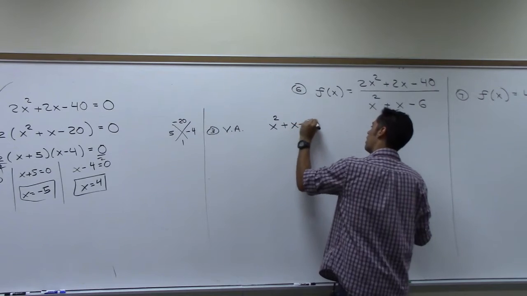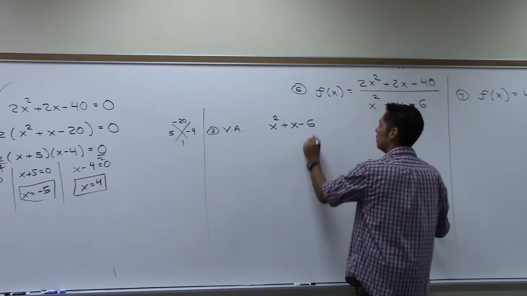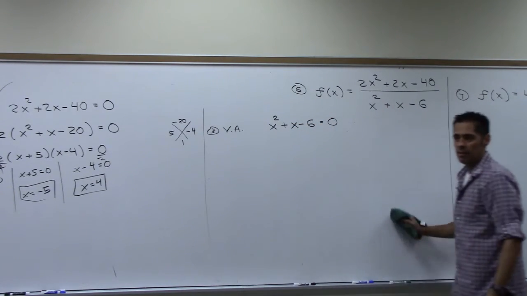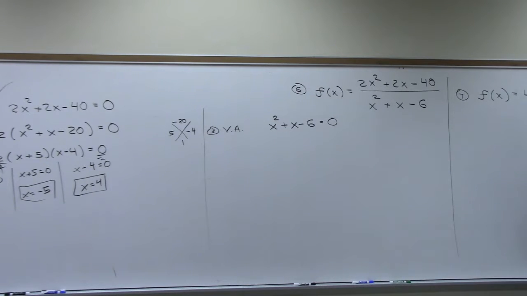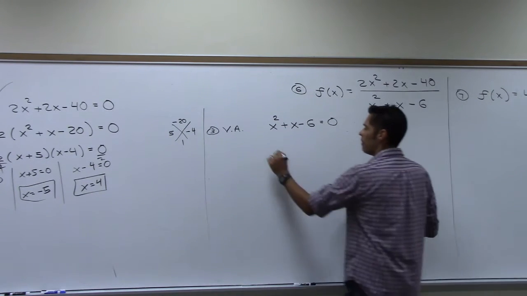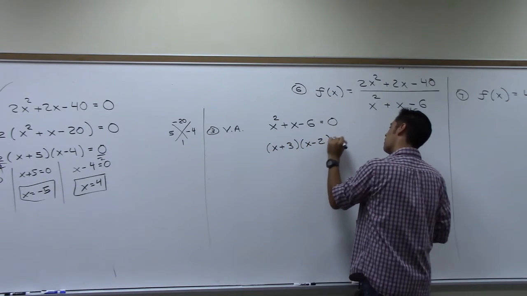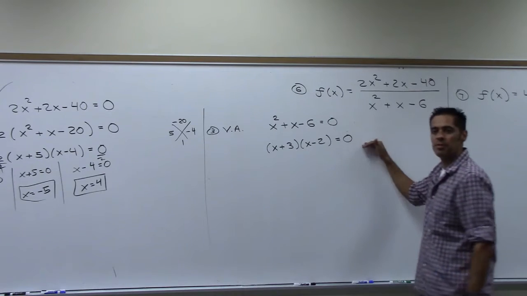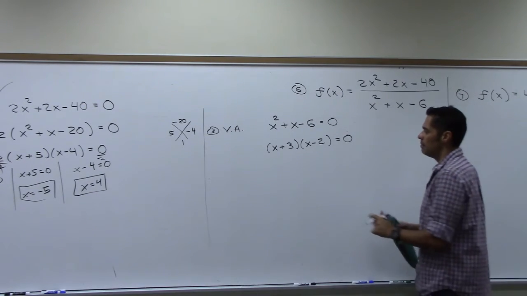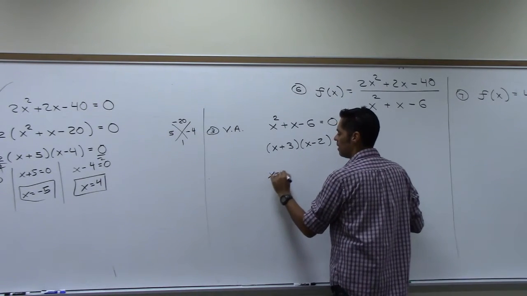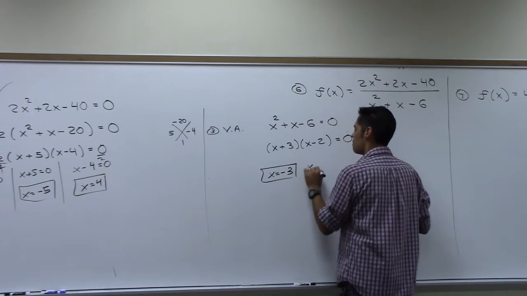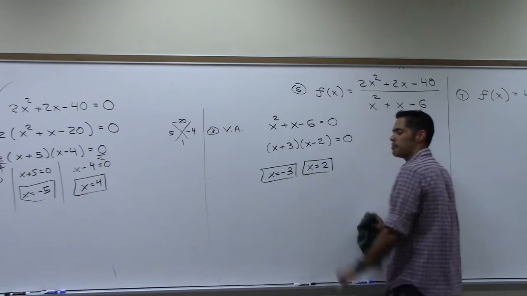I think it's clear you're going to have to be able to factor a quadratic, right? That's pretty clear? x plus 3, x minus 2 equals 0. I'm not showing the steps here. Just get to that. You'll get 2 answers, negative 3 and positive 2.